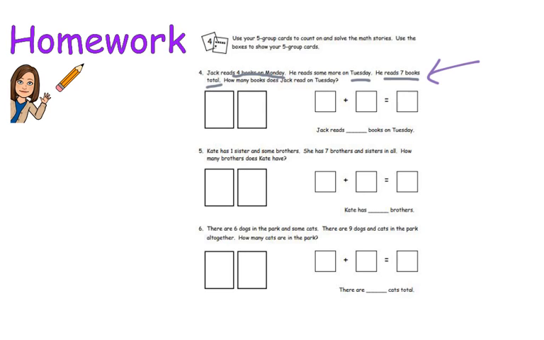All right, so we're going to have Monday and Tuesday. So it says 4 books on Monday. So we're going to write the number 4. And then on Tuesday, you're going to count on until you get to 7, because 7 is your total, it says.